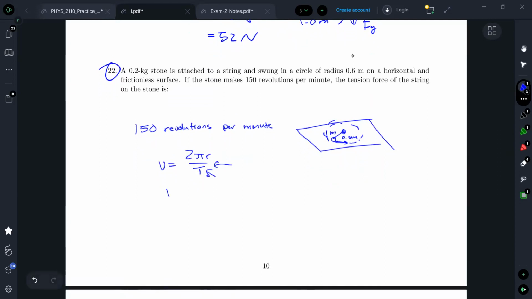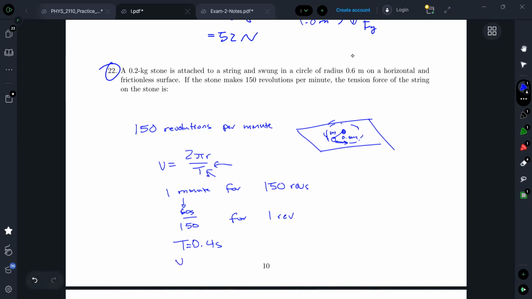And so if it's taking 1 minute, 60 seconds, for 150 revolutions, it must take 1/150th of that for just one revolution. And so 60 over 150, 0.4 seconds is our period.